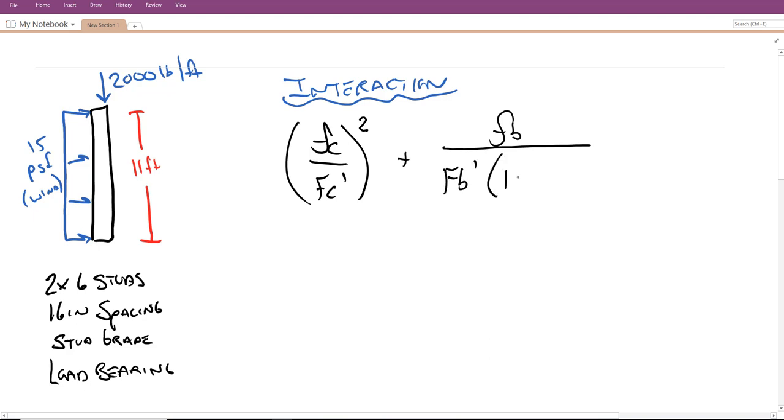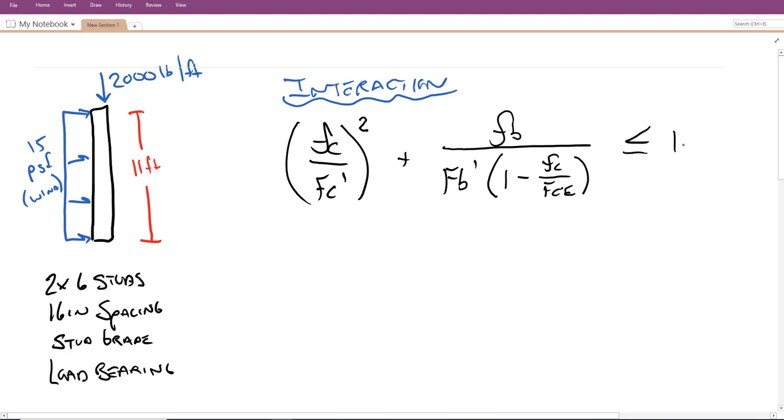And then we have this last factor that accounts for the P-delta effect. It's simply a function of 1 minus the actual compressive stress divided by that Euler buckling. And all of this has to be less than or equal to 1.